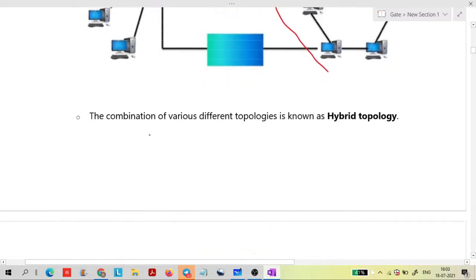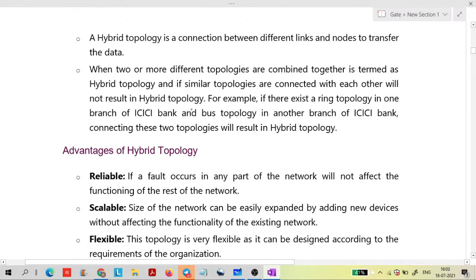Let's discuss the definition of hybrid topology. Hybrid topology is a connection between different links and nodes to transfer data when two or more different topologies are combined together.